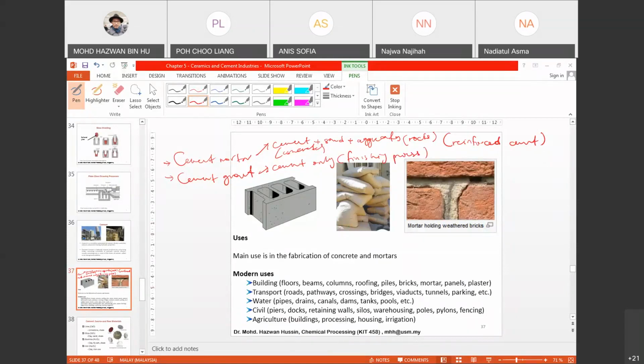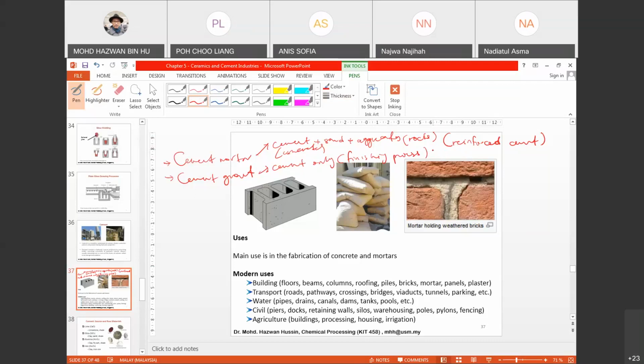The objective is basically to produce a smooth cement surface. Then they only use cement as the finishing material, not using sand or aggregates, because that would be slightly rough.